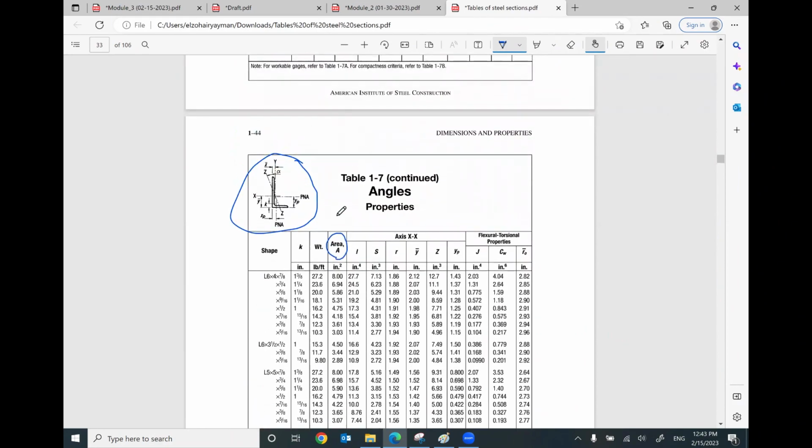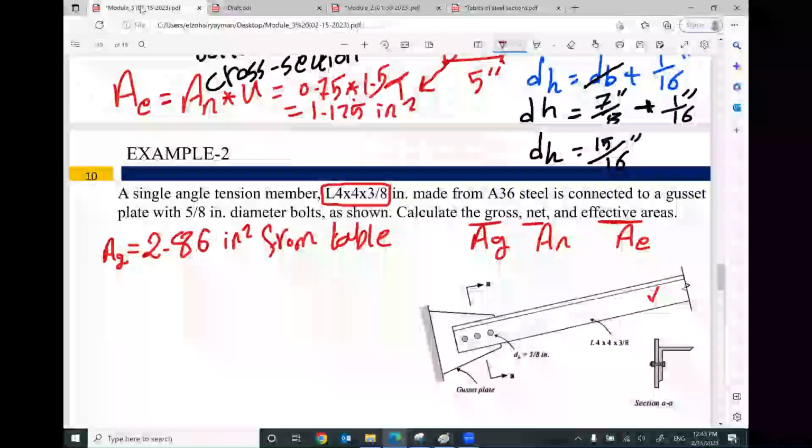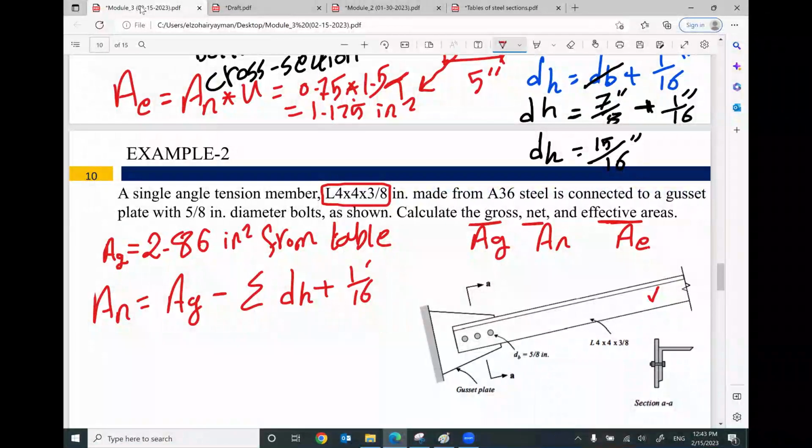Then you can find the area gross in this column. That makes sense? If you would like to figure out the area net, we have the expression: area gross minus summation of d hole plus 1/16 times thickness.